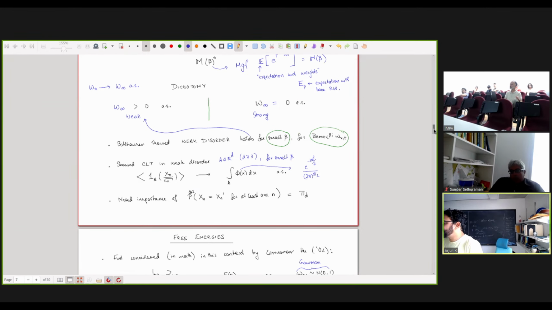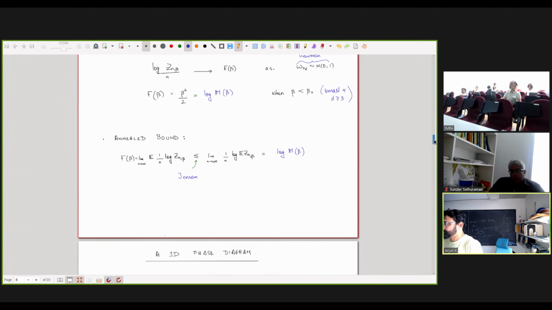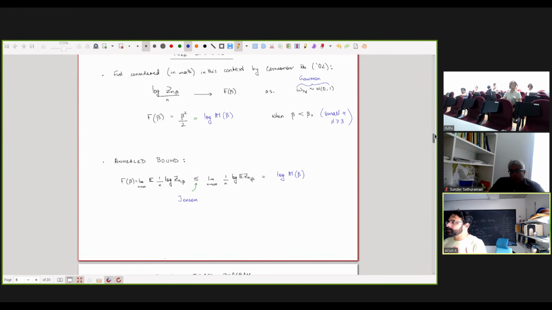I'll show you, that's very easy. So there are two sort of disorder regions, one characterized by the martingale, and one characterized by whether or not F beta equals the log moment generating function, or if F beta is strictly smaller than it.